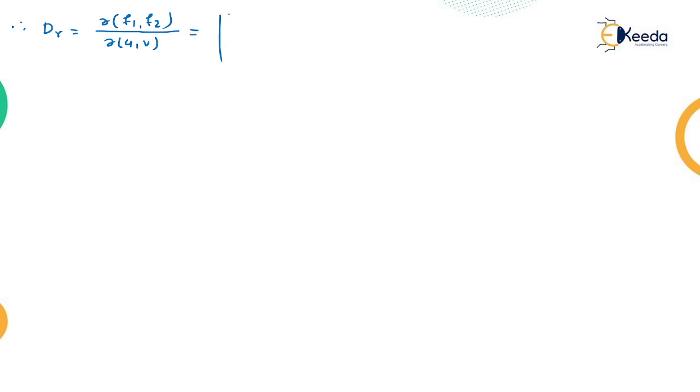So I am writing the values of del f1 by del u, del f1 by del v, del f2 by del u, and del f2 by del v, putting the values directly in this Jacobian.